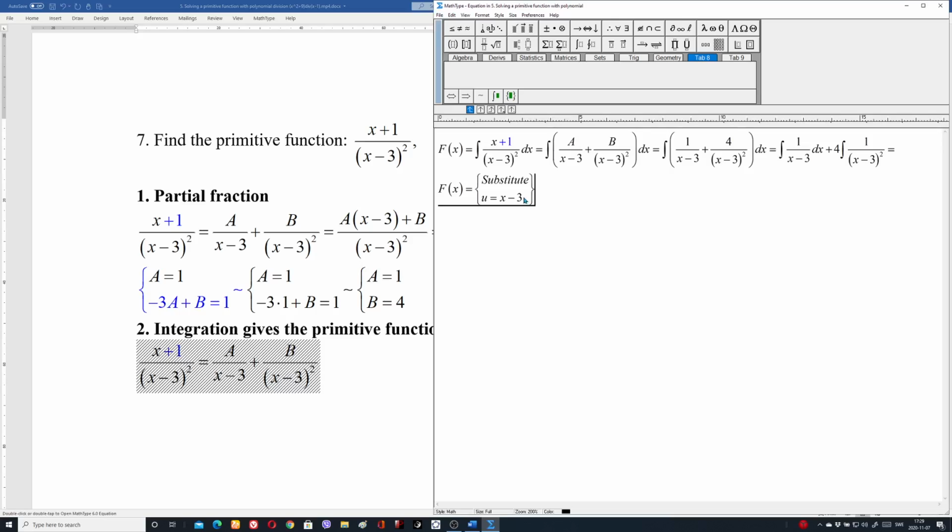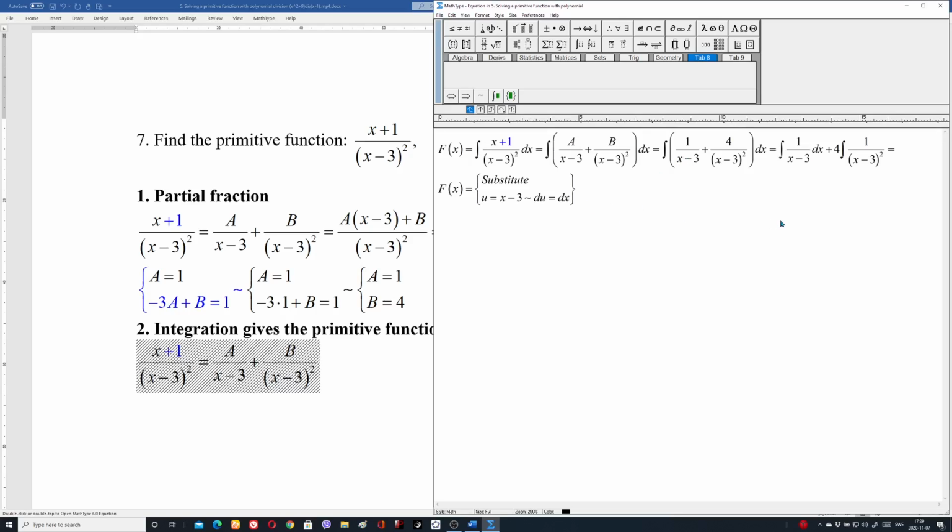And this gives that the derivative of u is equal to, the derivative of x is 1, and minus 3 is 0, which means 1 multiplied by dx.